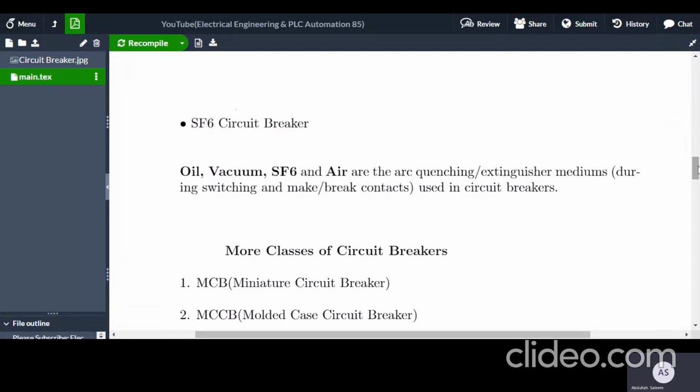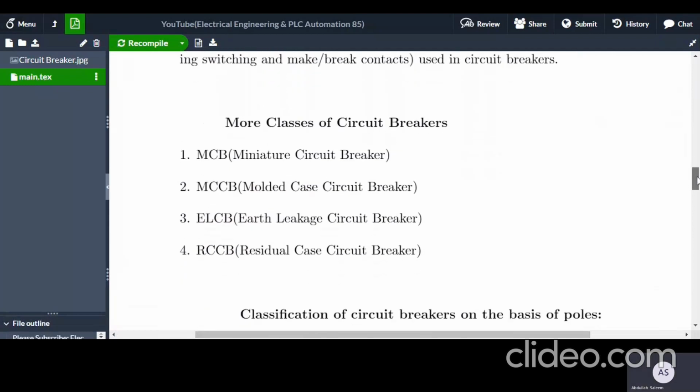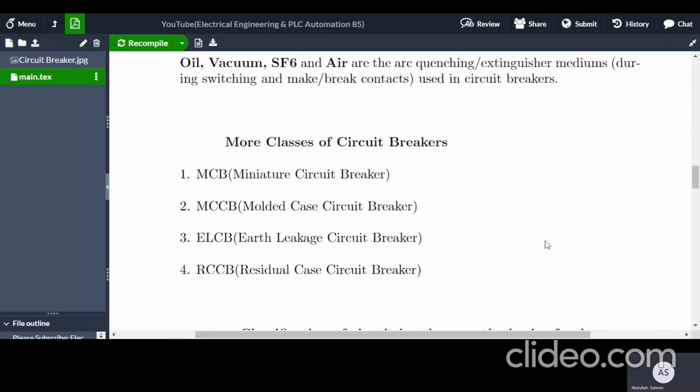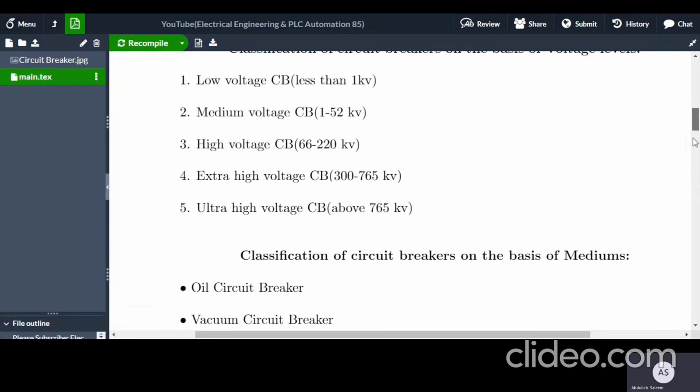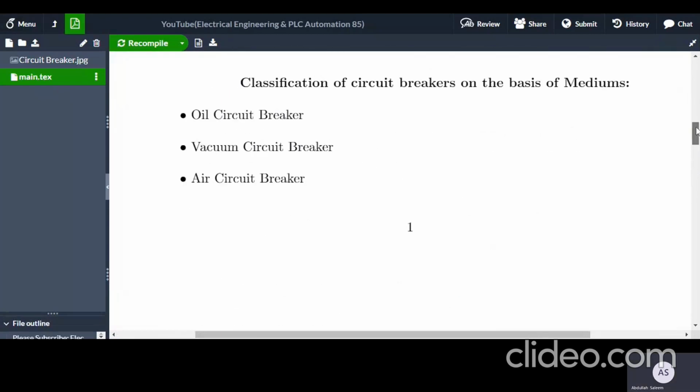More classes of circuit breakers are further categorized as MCB, miniature circuit breaker, MCCB, molded case circuit breaker, ELCB, earth leakage circuit breaker, and RCCB, residual current circuit breaker. In the next video lecture, you will get detailed knowledge about the comparison of these circuit breakers, oil, vacuum, air.